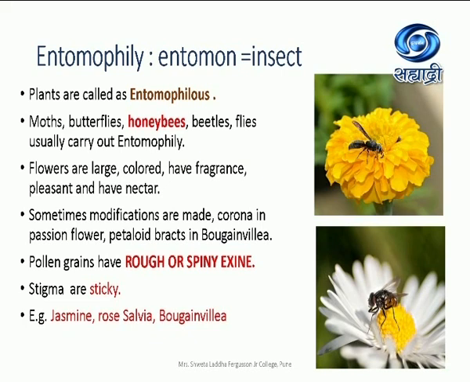Example, entomophily occurs in jasmine, rose, salvia, bougainvillea, etc. So this is entomophily, having large colored, pleasantly fragrant flowers with a lot of nectar, pollen grains with rough or spiny exine, and sticky stigma.